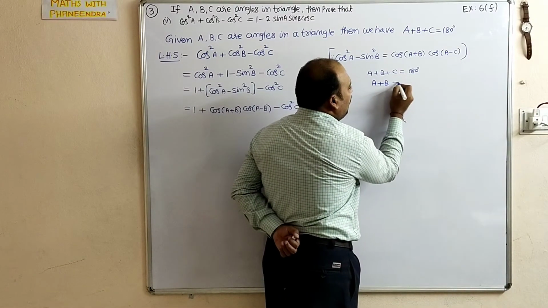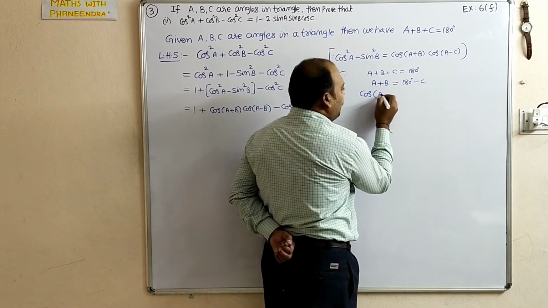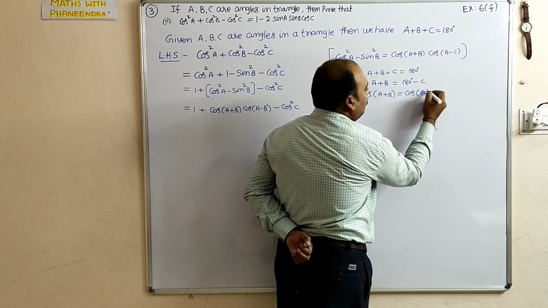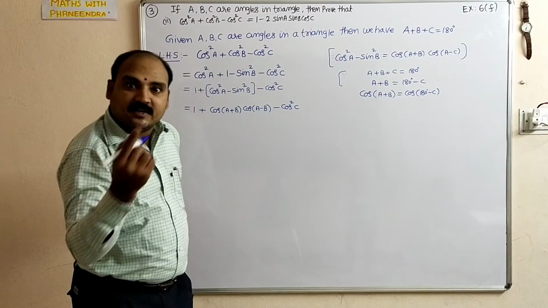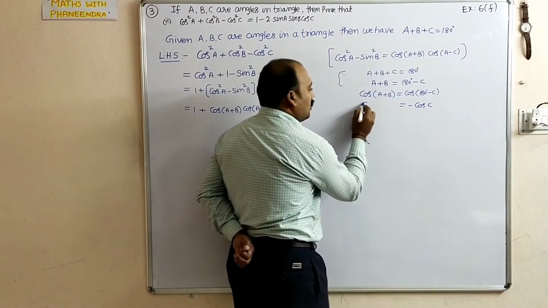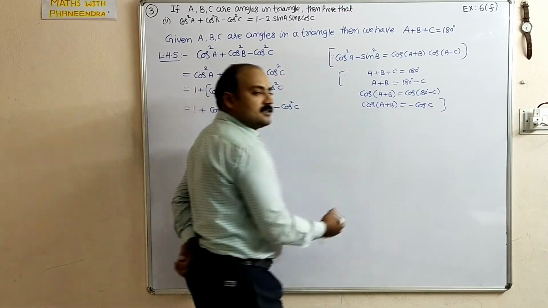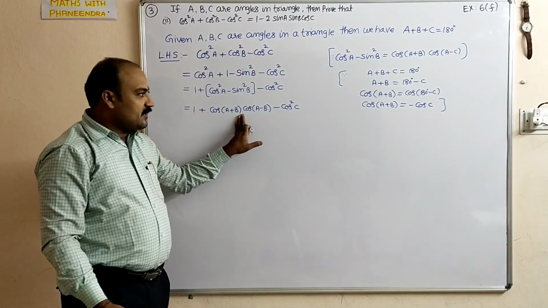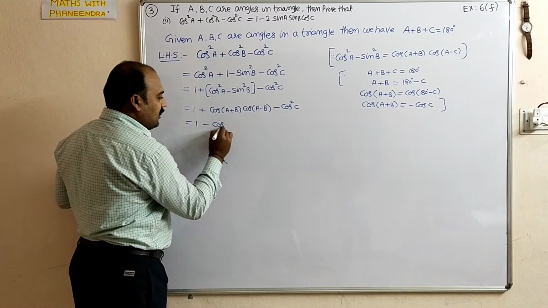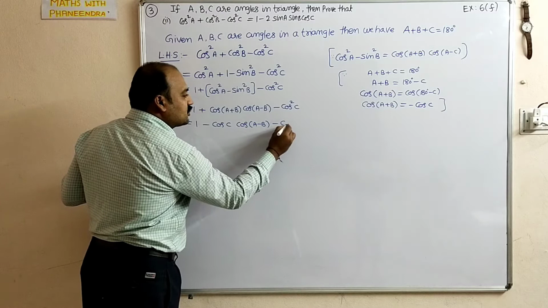So A plus B equal to 180 minus C. Taking cos on both sides, cos of A plus B equal to cos of 180 minus C. Cos of 180 minus theta is minus cos theta, which is equal to minus cos C. So cos of A plus B is equal to minus cos C. So wherever cos of A plus B is there, you have to replace it with minus cos C, which gives 1 minus cos C into cos of A minus B minus cos square C.